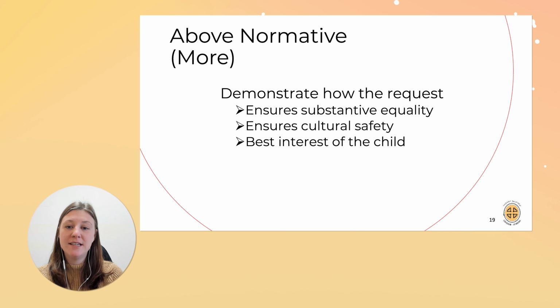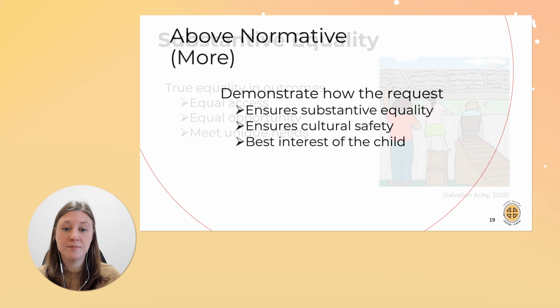When a request is above the normative standard, more than the basic level of healthcare and services, it may be requested by demonstrating a little bit more information in your support letter. You can demonstrate how the request ensures substantive equality, which we will get into in a couple slides, how it ensures cultural safety, or you might explain how it's in the best interest of the child.